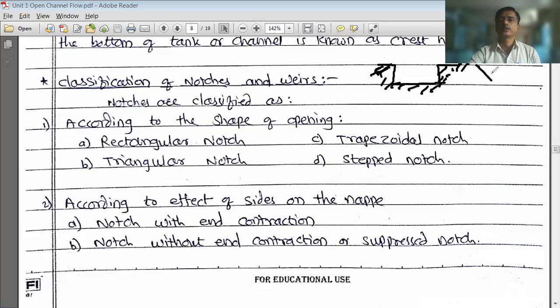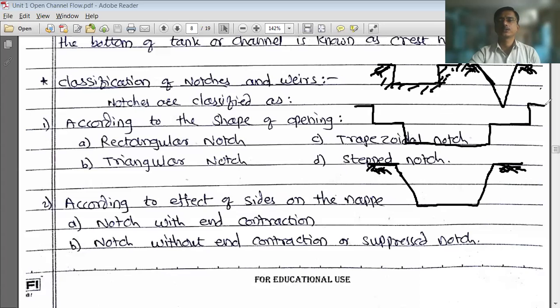Then triangular, then trapezoidal, and then stepped notch. Stepped notch means rectangular notch only, but it is the combination of different types of rectangular notches like this.